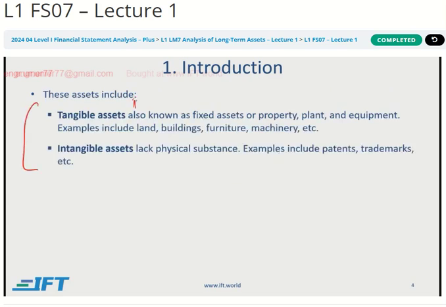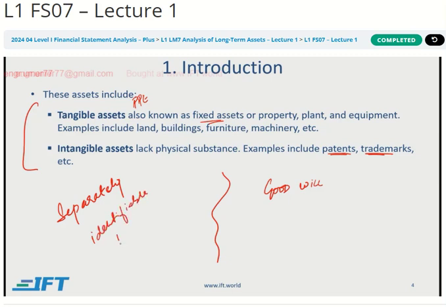So tangible is property, plant and equipment, something fixed, right? Whereas your intangible assets can include patents, trademarks, etc. Now there is one thing that I really want to talk about, which is the difference between goodwill and separately identifiable intangible assets, right?